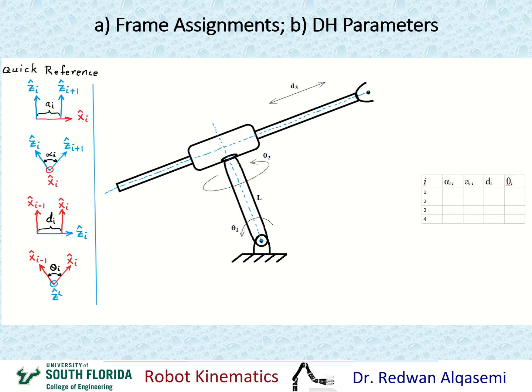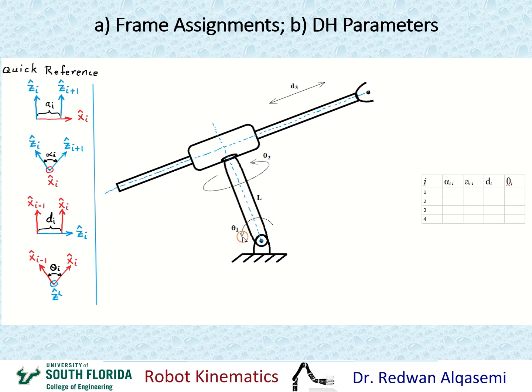Now I can start solving this problem by doing the assignment of frames. Here I put a quick reference for assigning frames and doing the DH parameters. I'm going to start doing the frame assignments right from the screen here. As a start, I'm going to start with the z-axes, since they are the axes of motion for each one of the joints. So I'm going to start here with joint 1. This is theta 1, this is joint 1.